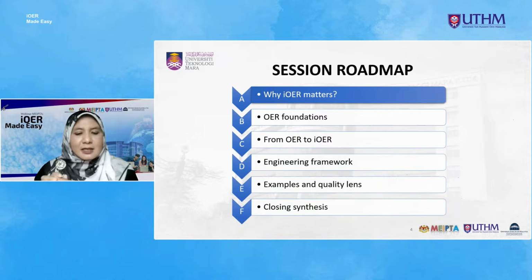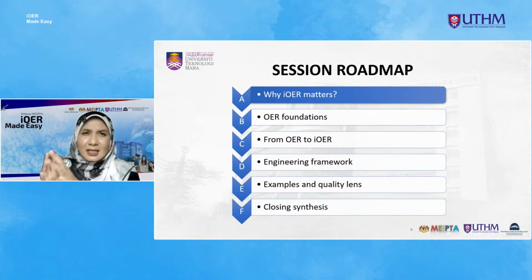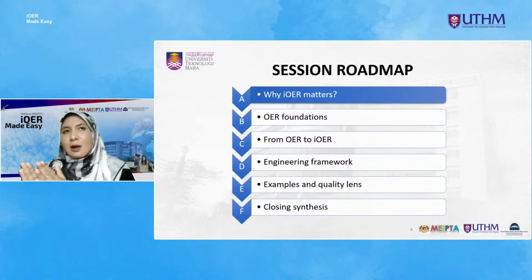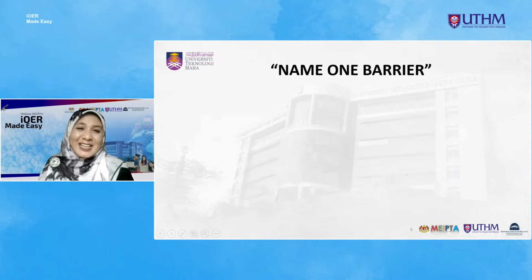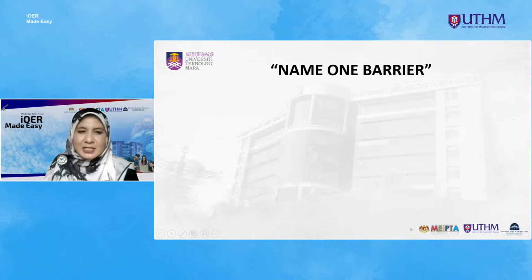But for some learners, these become the main reason why they cannot participate fully. So first things first, we will begin by thinking about the barriers. So here I need your participation. I need your help. This is the first activity: name one barrier. Not to worry, I'm not going to collect it, but definitely we need to share the feedback.